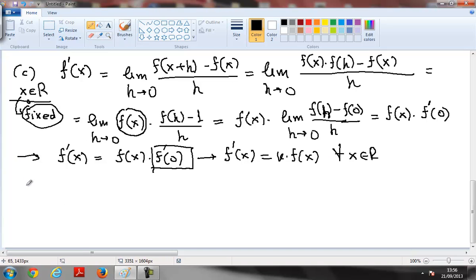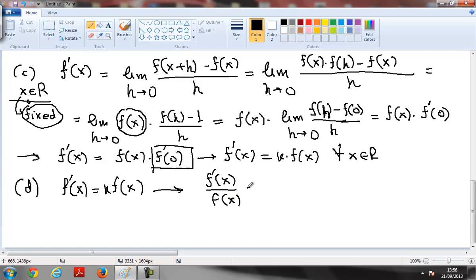Now, part D starts from here because I want to solve this differential equation. So the derivative of f at x equals k times f of x. I separate the variables here, so I have f prime of x over f of x equals k.